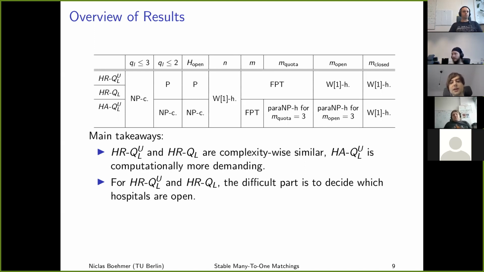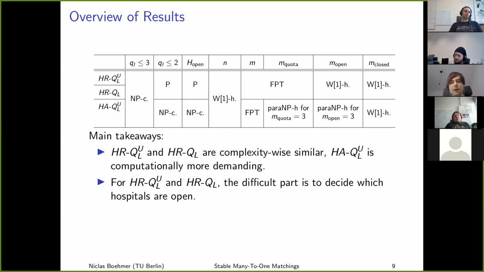We even justified this in a different way, because our hardness results, for example this W1 hardness result and also this NP completeness result, also hold if you don't care about blocking pairs. So even if we only search for a matching which does not admit a blocking coalition, the problem still remains hard.